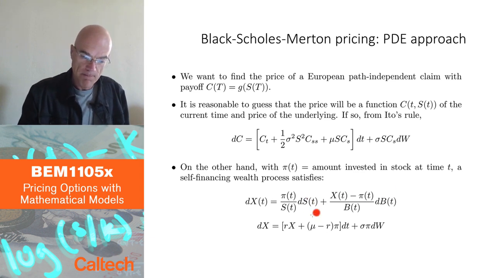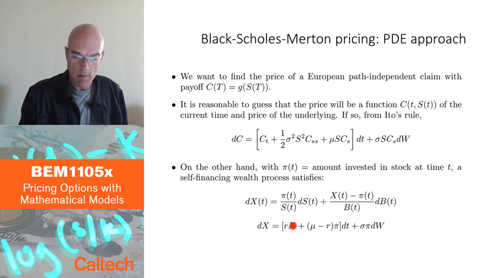Substitute here, and if you do the algebra, which is simple enough, you will get this. The change in X is, there is an interest rate component. I also have to subtract, because not all the money in X is in the bank. Some of it is in the stock. I have to subtract that.